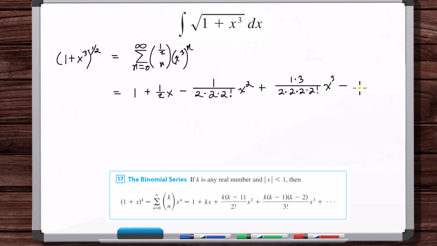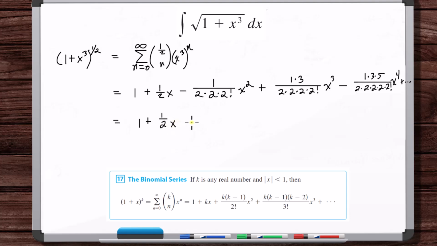This is going to be 2 times 2 times 2 times 2 times 2 factorial, and then 1 times 3 times 5 x to the 4th, like that.